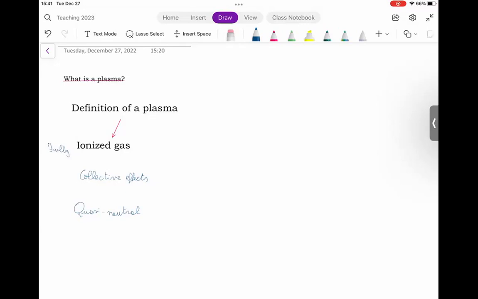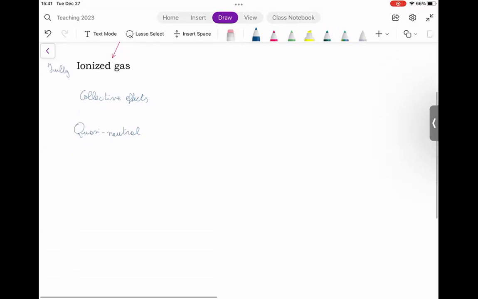Now, I'm going to handwrite a distribution function that we're going to see a lot. And I'll do that expecting that you're already familiar with it from statistical mechanics.